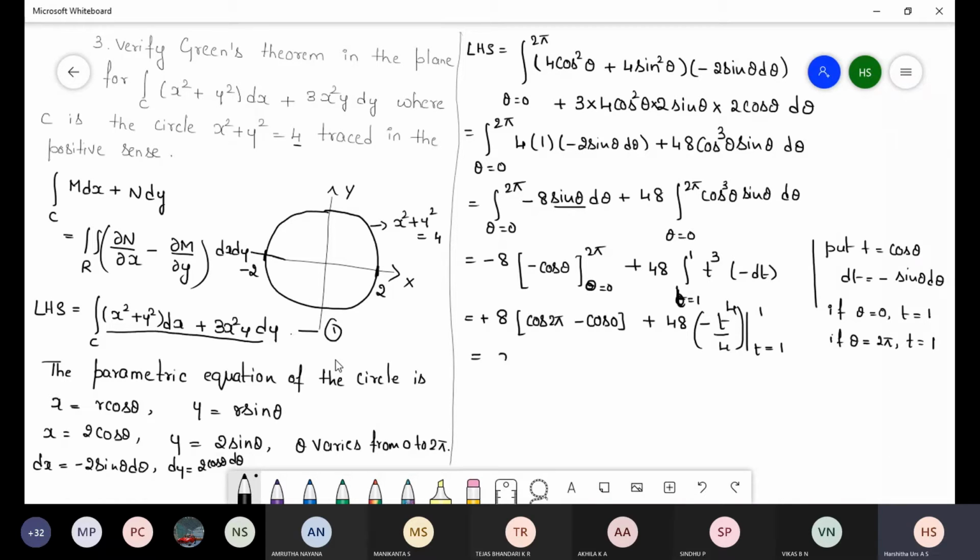So as we all know, 8 into (cos 2 pi is 1 minus cos 0 is also 1) plus 48 by 4 into (1 minus 1). So the LHS we get is 0, because cos 2 pi is 1 and cos 0 is also equal to 1.